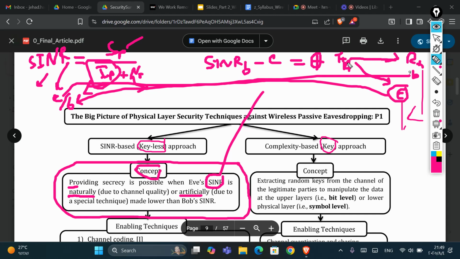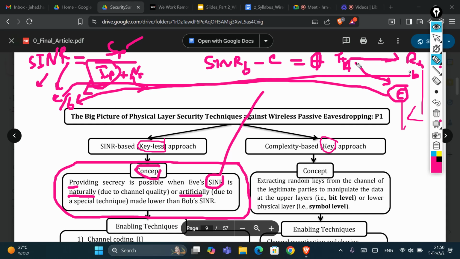We know that distance affects the path loss: the more distance from the base station, the more path loss, the more suppression of the power received at the receiver, and therefore the lower the SINR will be. When Eve is far, it got lower SINR. When Bob is close to the base station, it got higher SINR.